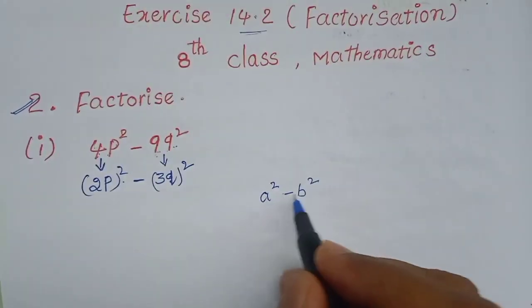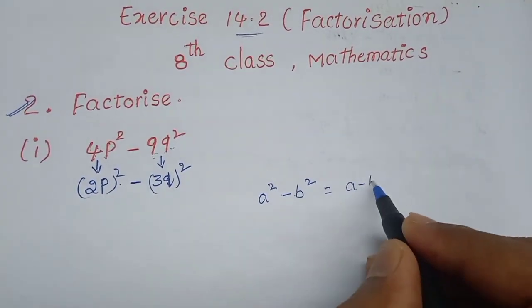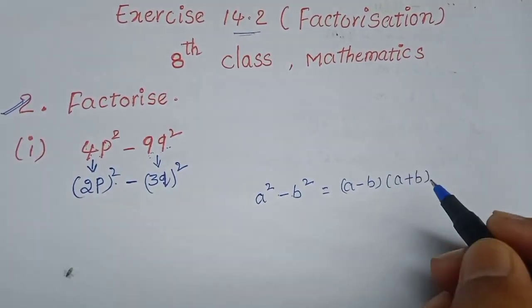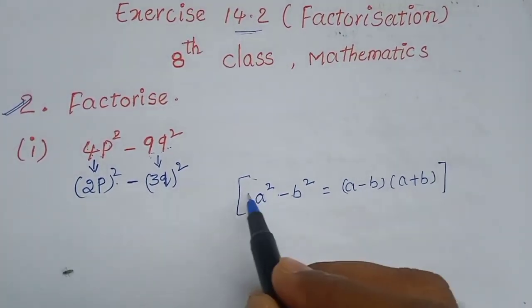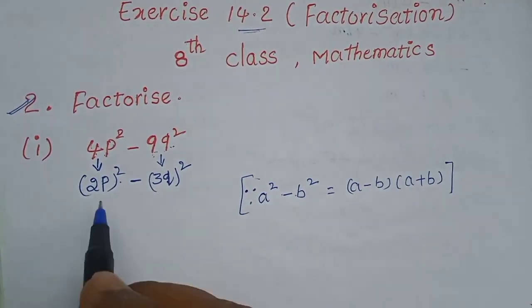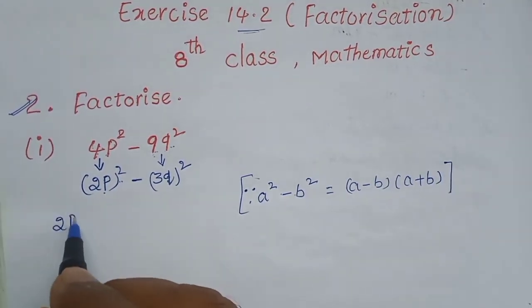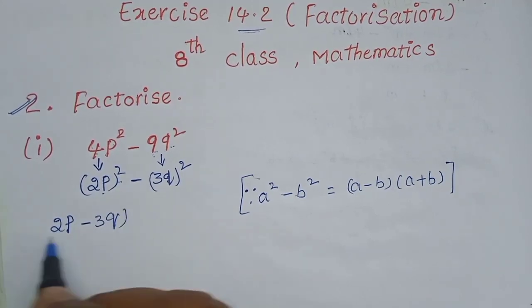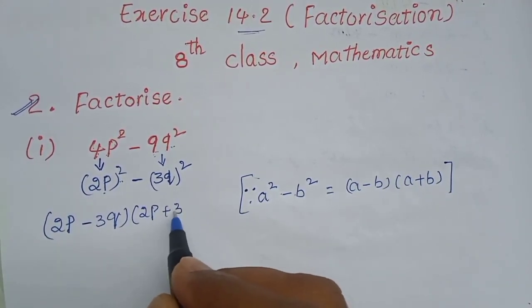See, what is a square minus b square? It is equal to a minus b into a plus b. Because of this identity, 2p whole square minus 3q whole square can be written as 2p minus 3q into 2p plus 3q.